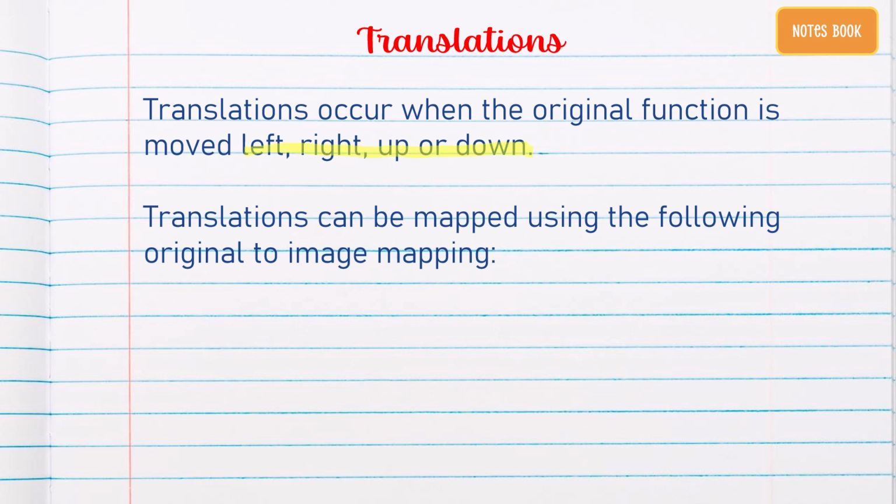If we were to map out that translation using that x, y coordinate mapping, you would have your x, y being your original function, and then that would move to x prime plus h, whatever that may be, whether that's 5 or -7, and then y prime plus k. But we're going to look into how, if we've got x moving 3 units in the positive direction, that actually becomes x minus 3 on our function.